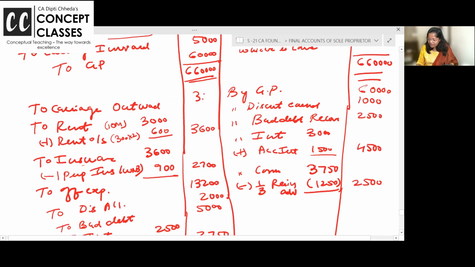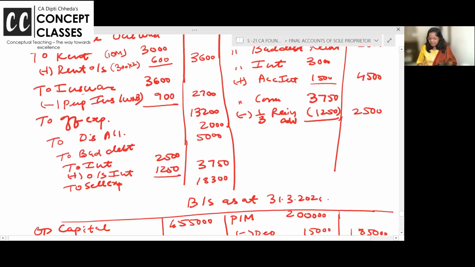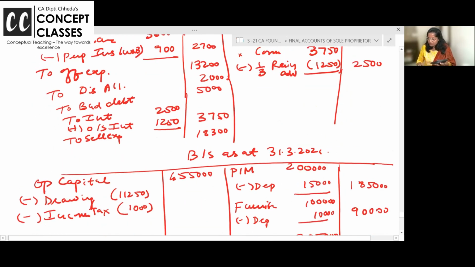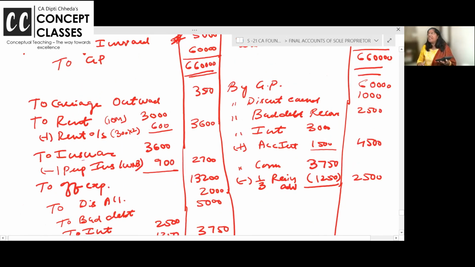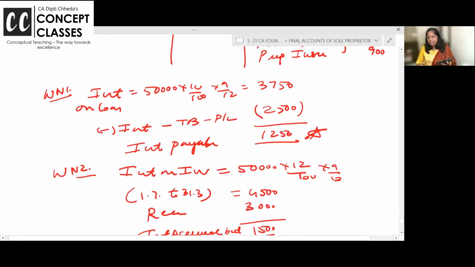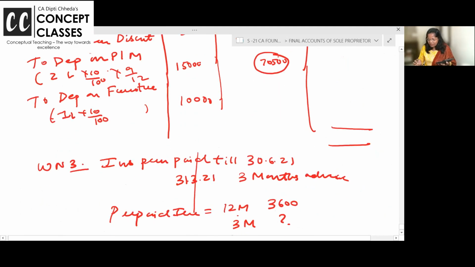That was carriage inward. I wrote the same figure by mistake. Carriage outward is 350. Change it. Now you will get the correct answer. That's why we keep the suggested answer. No problem. Carriage outward, change it to 350 if you have also written that. It may be a little difficult because I'm scrolling. Complete the problem. I'll show each and every screen.